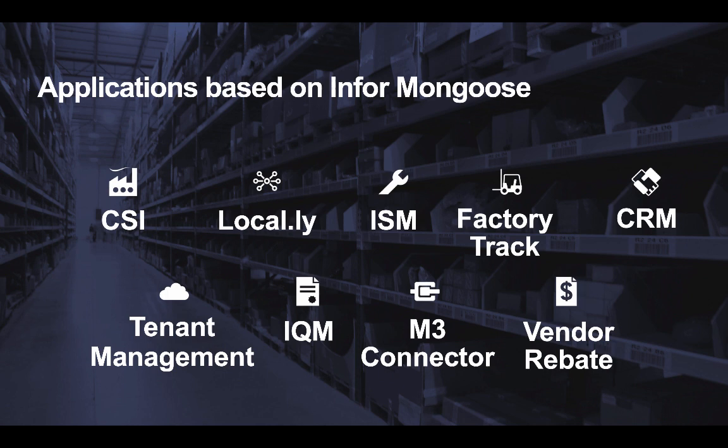And with that, M3 took that technology and built out their latest module, which is a vendor rebate module available for M3. In addition to this, there are many other applications that are currently in development within Infor, and we'll look for those releases over the coming year.